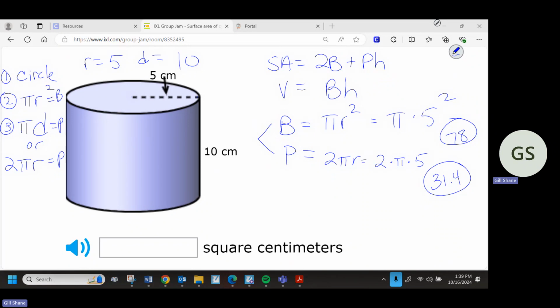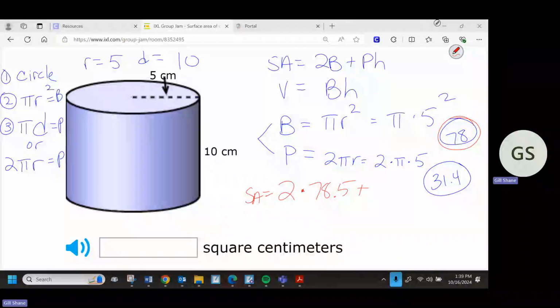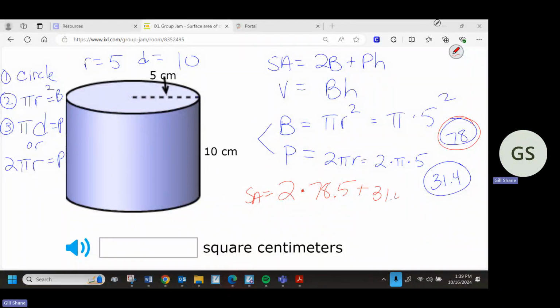Now I just plug those in up here. So if I want surface area, we'll change colors. Surface area: 2, that's just part of the formula, times the area of the base, 78.5, plus 31.4.